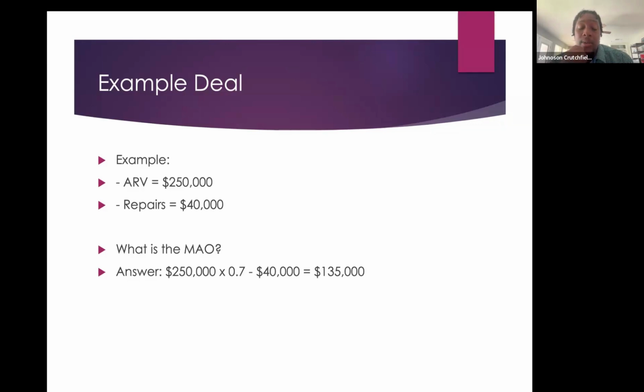So look at this as a quick way to look at it, but also look at the actual market dynamics of where you are. Because if other investors are paying 80% of the ARV and you're making all of your offers at 70%, you may never get a deal, right? But this is a good formula to start off with.